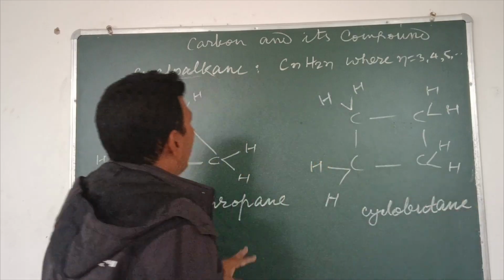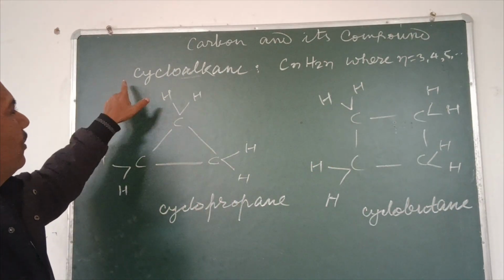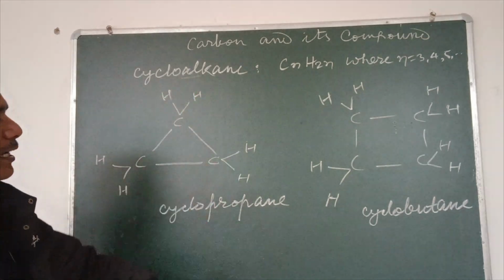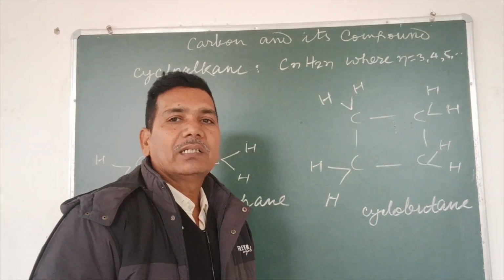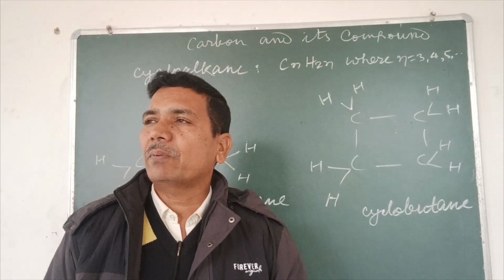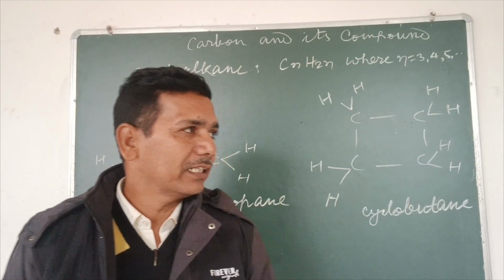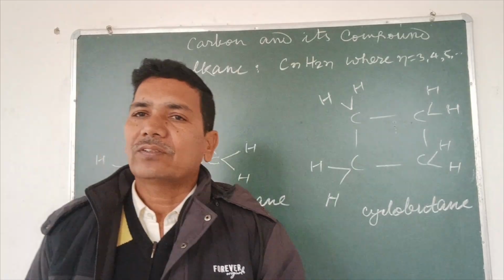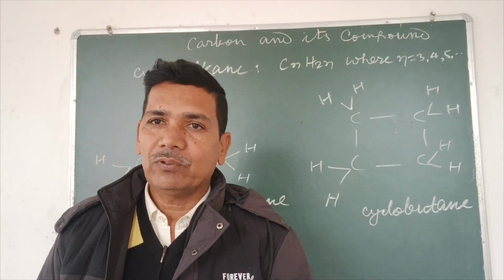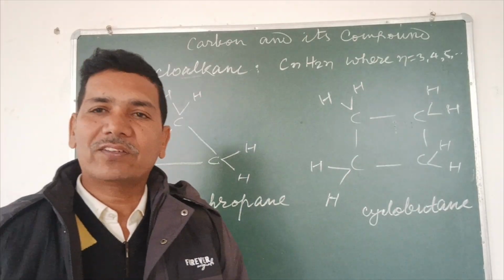For alk in this group, alk will be replaced by but. In a similar manner, if we put 5 carbons in a cyclic chain, this will be cyclopentane. If we put 6 carbon atoms, this will be called cyclohexane.